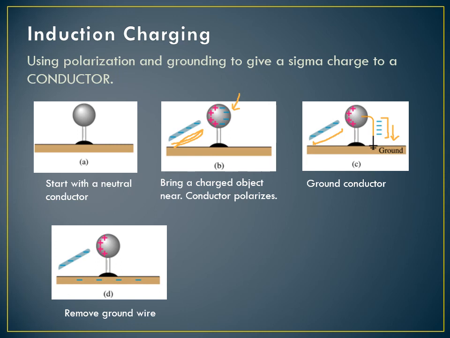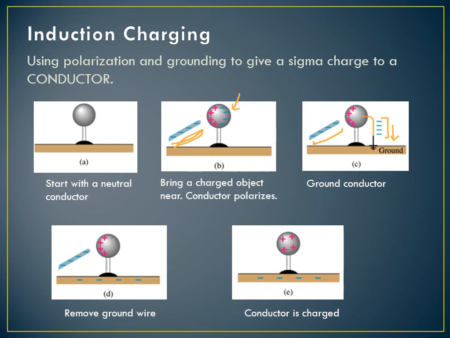So now when you remove that ground wire and eventually move your negatively charged object away, you're left with a positively charged conductor and some extra electrons in the ground, but the Earth is so big that we don't tend to notice these very much because they're going to spread out through the whole Earth.